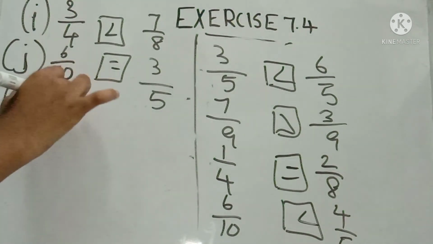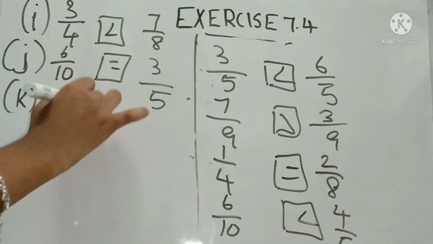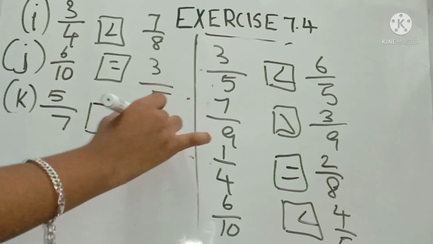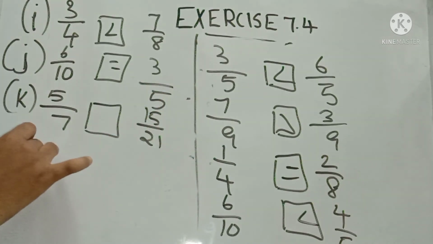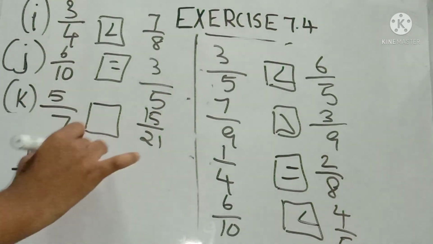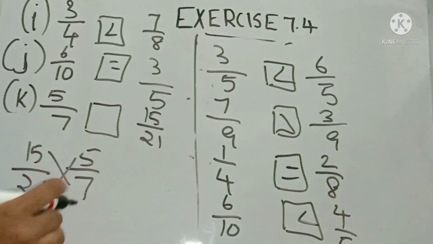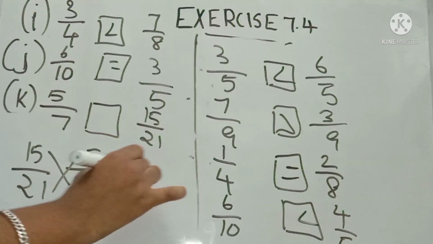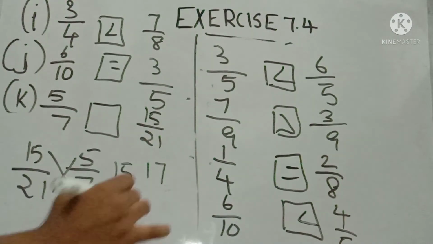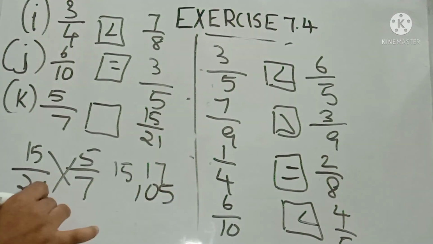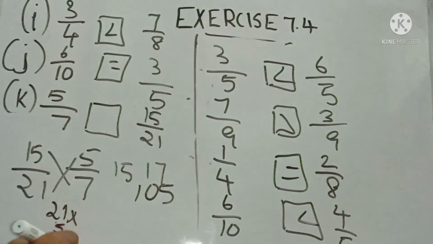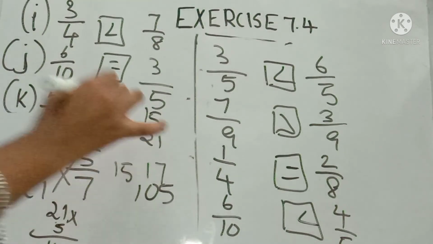Next is 5 by 7 and 15 by 21. 15 7s are 105 and 21 5s are 105. So they are also equivalent.